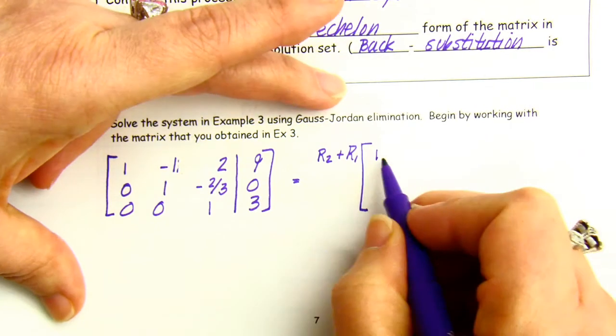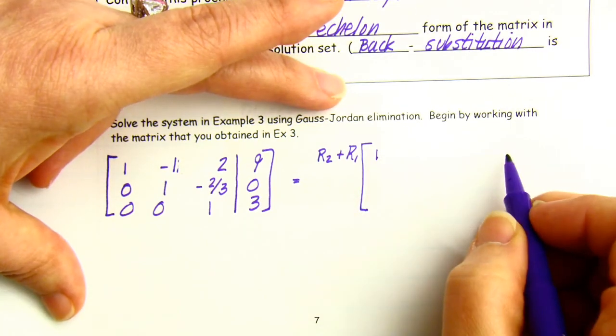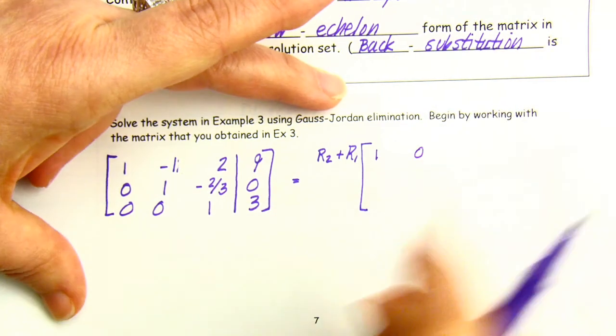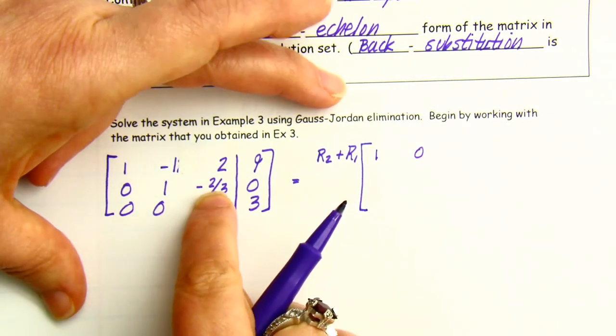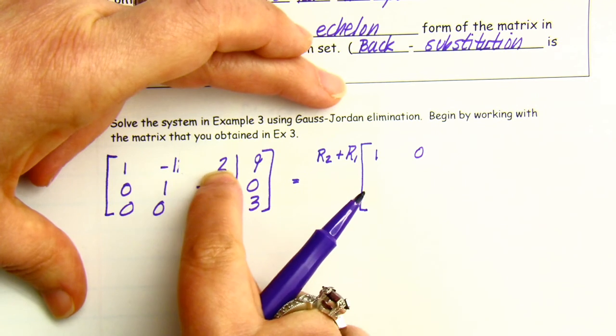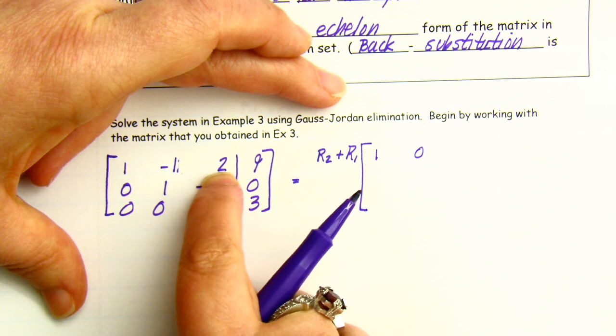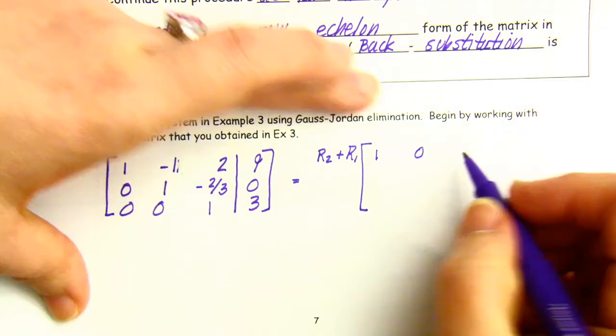Remember, I'm not putting anything here because row 1 is getting replaced. 1 plus -1, 0. -2/3 plus 2, you have to convert 2 to thirds. That's 6/3. So -2/3 plus 6/3 is 4/3.